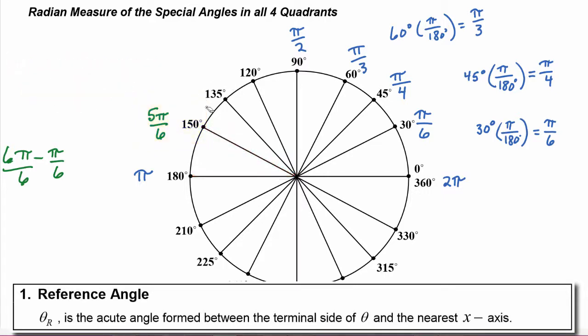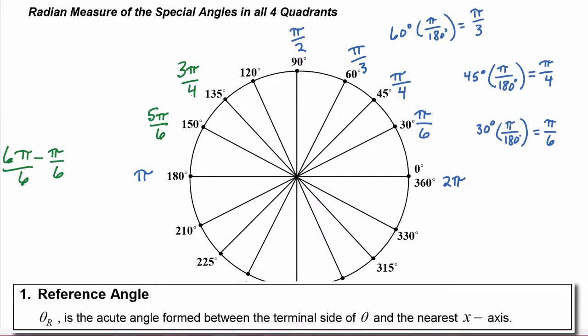Now if we go to 135, we know that that reference angle is 45. So if we come over here, 45 degrees is the same as pi over 4 in the radian measurement. So if we start at pi and we back up by pi over 4, then what we're thinking is pi minus pi over 4 is 3 pi over 4.